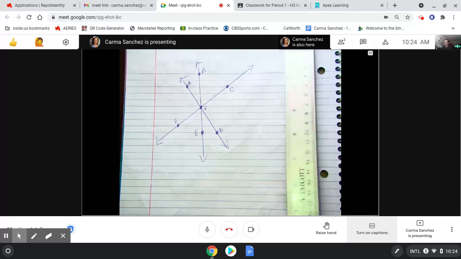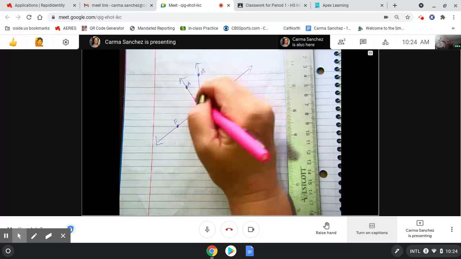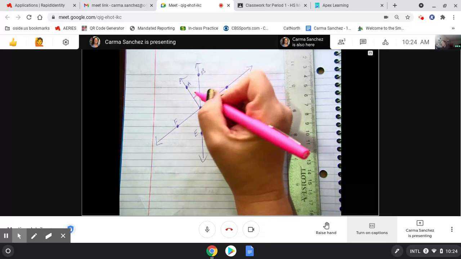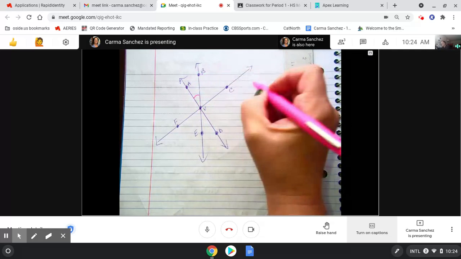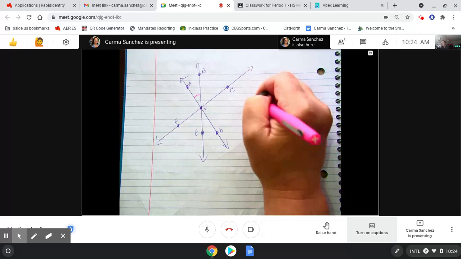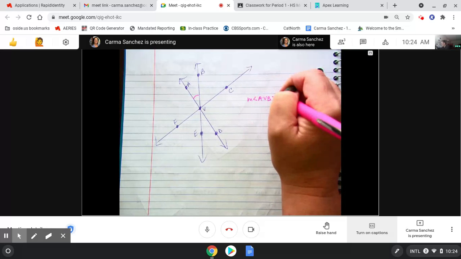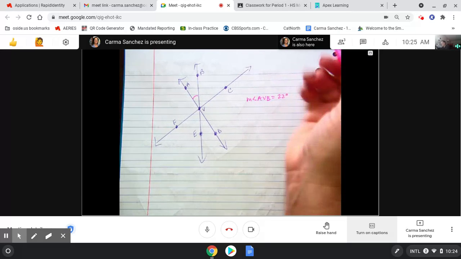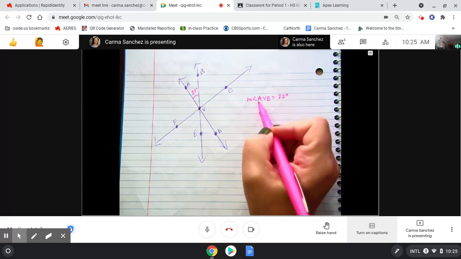Now, after you draw this, I want you to label a couple of these. This first angle is going to be angle AVB. The measure of angle AVB is 22 degrees. It's being given to us in the problem. So where does this angle name come from?